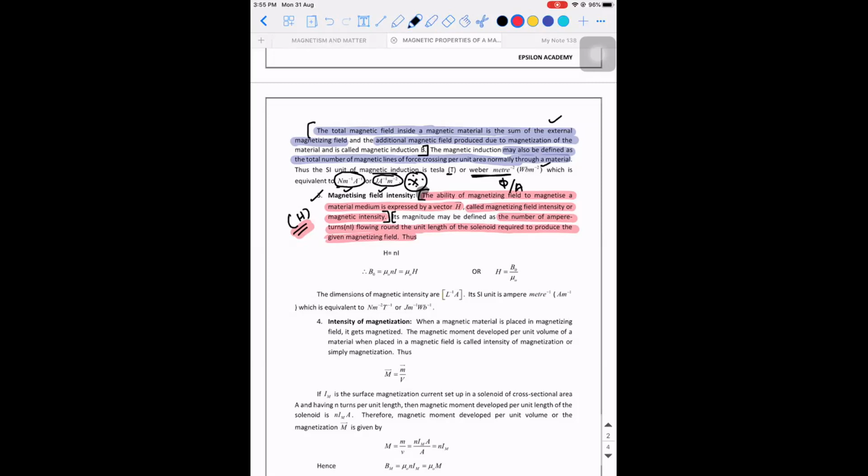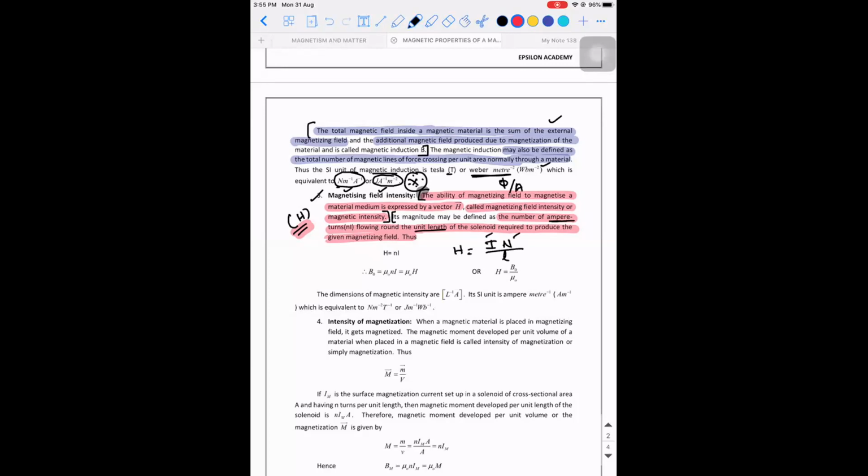Ampere is measured for current, turns is the number of turns around the unit length L. I'm repeating it: ampere turns per unit length, that is required to produce the necessary magnetizing field.